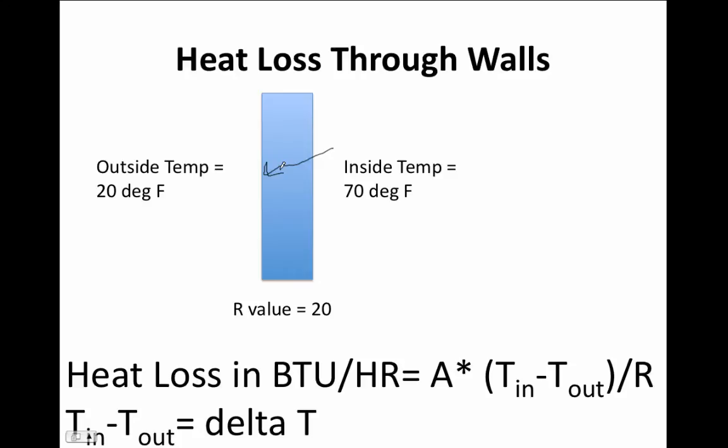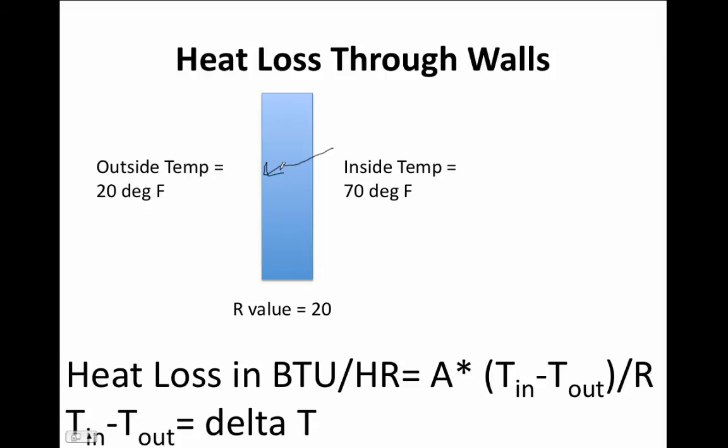Now the inside temperature minus the outside temperature, that's something that's used a lot in heat loss calculations, and it has a name called delta T, or change in temperature. The change in temperature between the inside and the outside is 50 degrees, the delta T here.